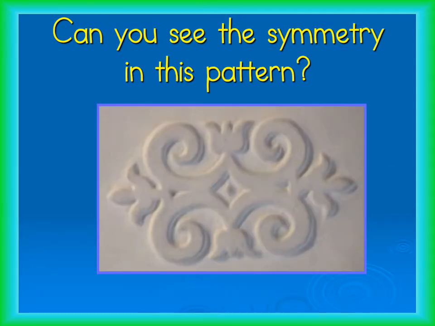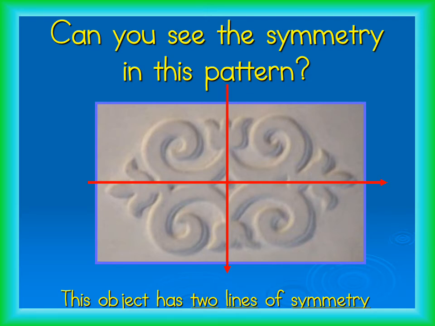Can you see the symmetry in this pattern? The challenge is, can you see two lines of symmetry in this pattern? Ready? Because this object has two lines of symmetry, both vertical and horizontal.